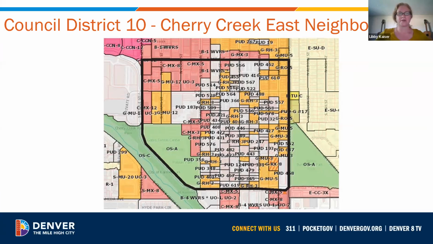We are, and that's kind of a trend with a lot of our overlays right now, is that we're trying to be less geographically specific and just describe them for what they are, in case there's applicability elsewhere in the city where somebody might want to propose applying this.